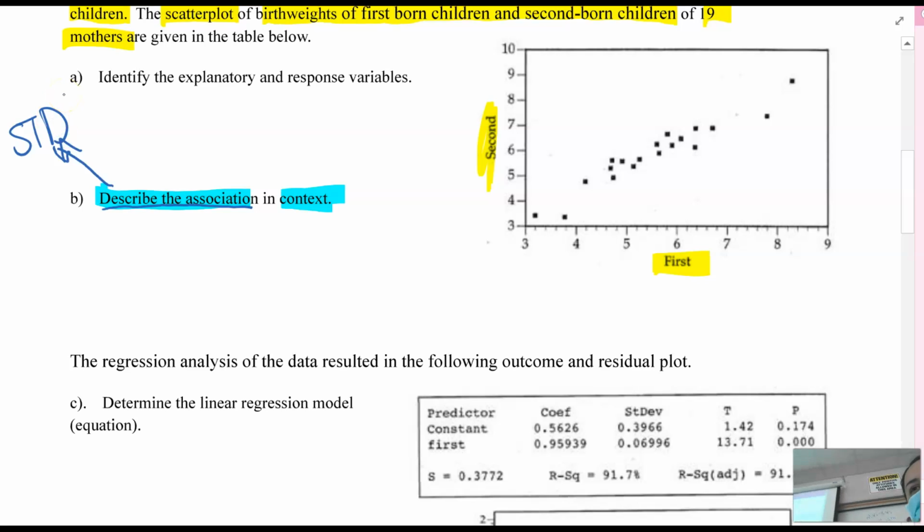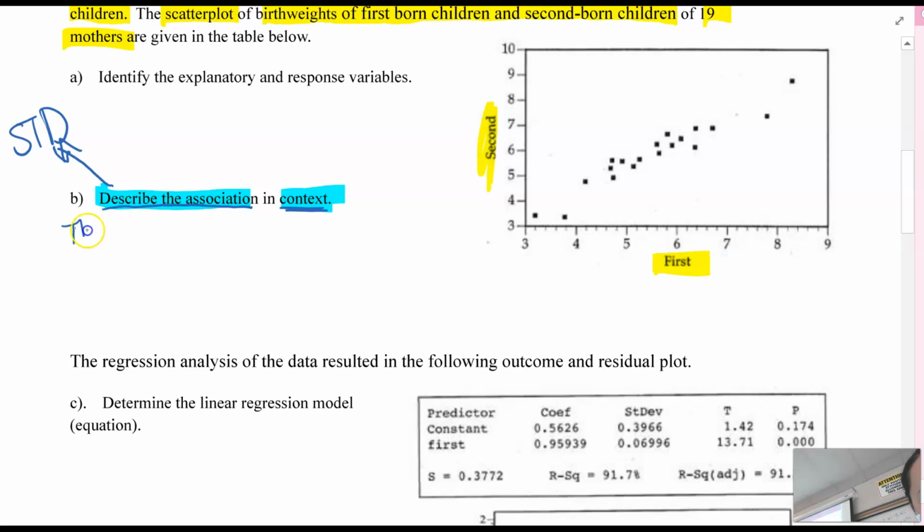What does STD stand for in statistics? Strength, type, and direction. Good. Look at this scatter plot and say, is it strong, moderate, or weak? That's the strength. The type: is it linear or curved? And direction: is it positive or negative? But this needs to be in context.